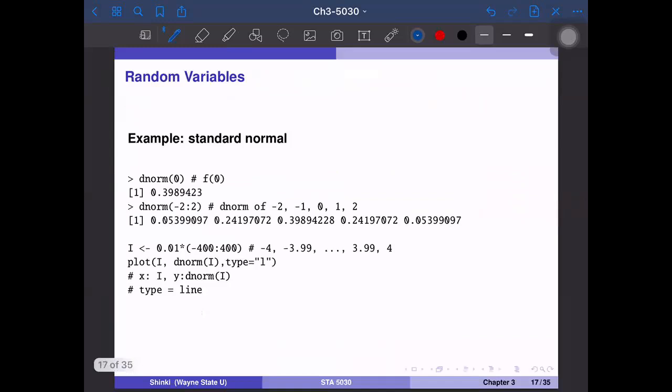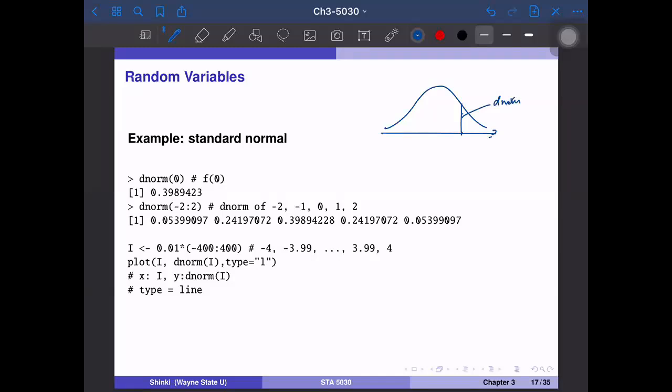Okay, so this is an example of R functions. Remember that we have 4 R functions for any distribution. For the normal distribution, we have the bell-shaped curve. So you can see dnorm is the height. So this height is the dnorm function.